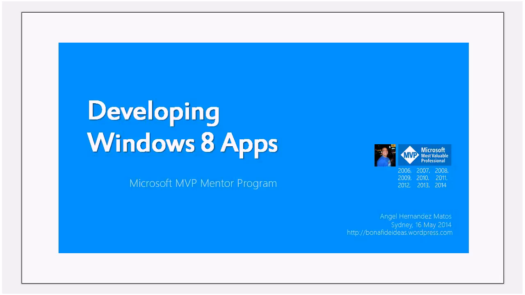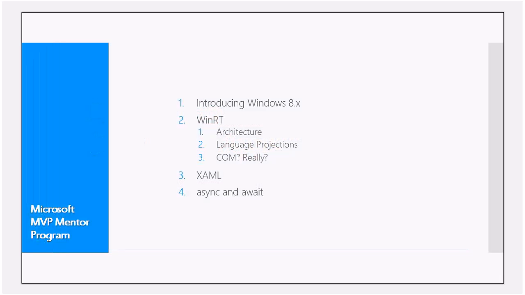So okay, cool. I'm gonna start by just going to the agenda. So Windows 8 comprises a lot of stuff. I'm not going to cover all of them, mainly because of time constraints and limitations. However, I was able to compile and break down this presentation into 4 different areas.